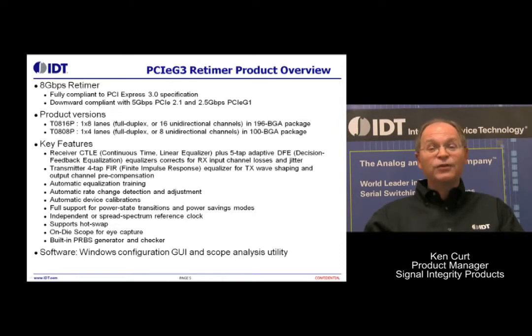We're actually planning for two versions of the product. There's a 16-channel version which will come in a 196-pin BGA package. There's also the 100-pin BGA package, which is footprint compatible with our 4-lane repeater device. So that's a 4-lane Retimer, which is the T0808P version.